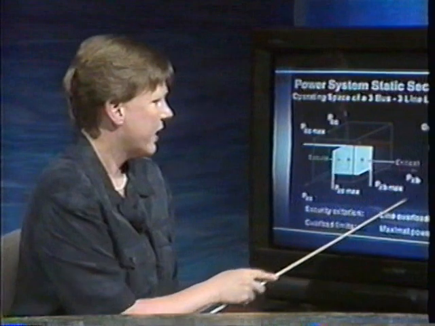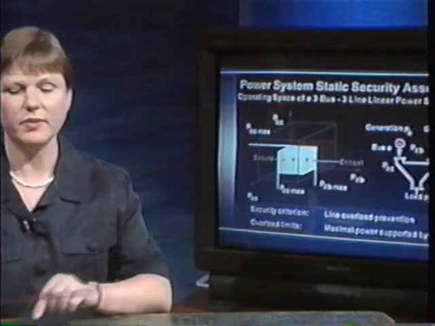The last application I would like to talk about is power system static security assessment. Once again, we have the operating space of our power system, which we have already discussed in the previous talk.